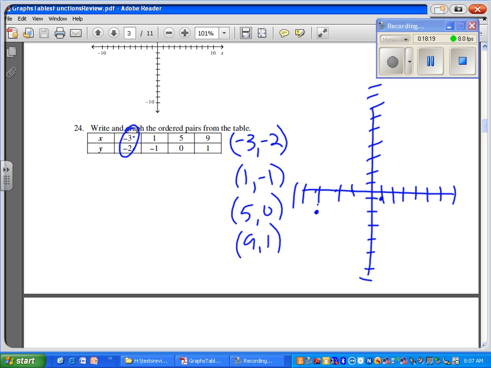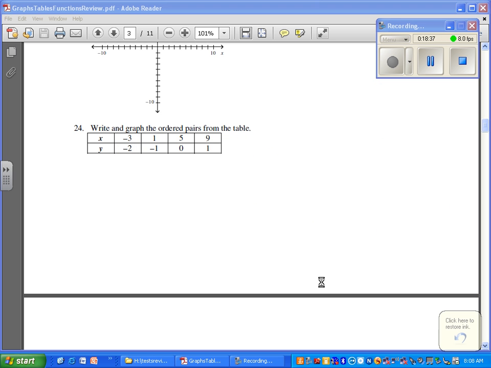I have (5, 0). My 5 is on the x line, so 1, 2, 3, 4, 5, 0 is right there. Then (9, 1) is going to be 5, 6, 7, 8, 9, and then up 1. It looks like it could make a line. So that's roughly my graph there.